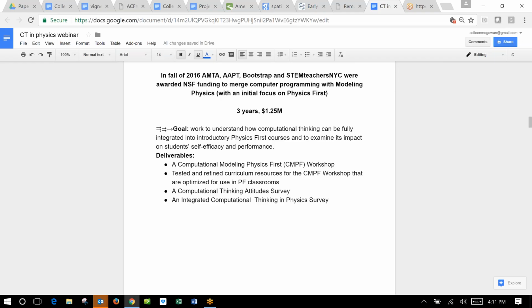So what we did was we took that physics first curriculum, and kind of rewrote the teacher notes and rewrote a bunch of the activities so that they used computational modeling as part of their activities.